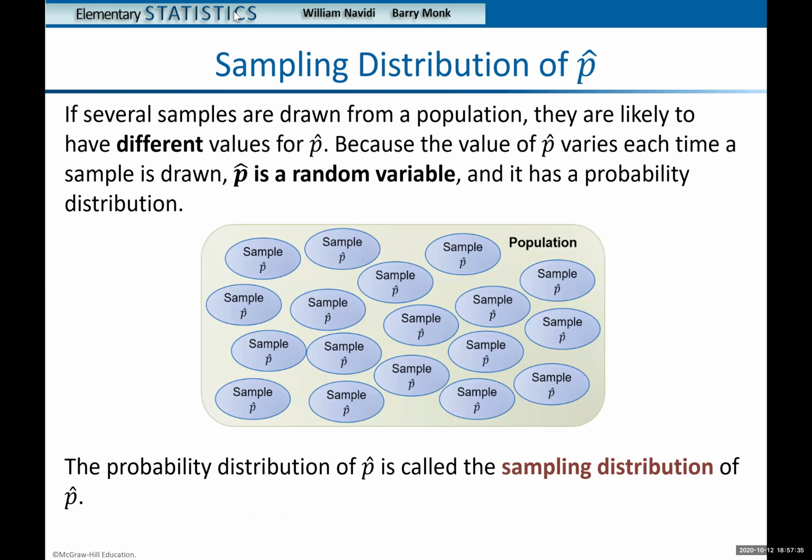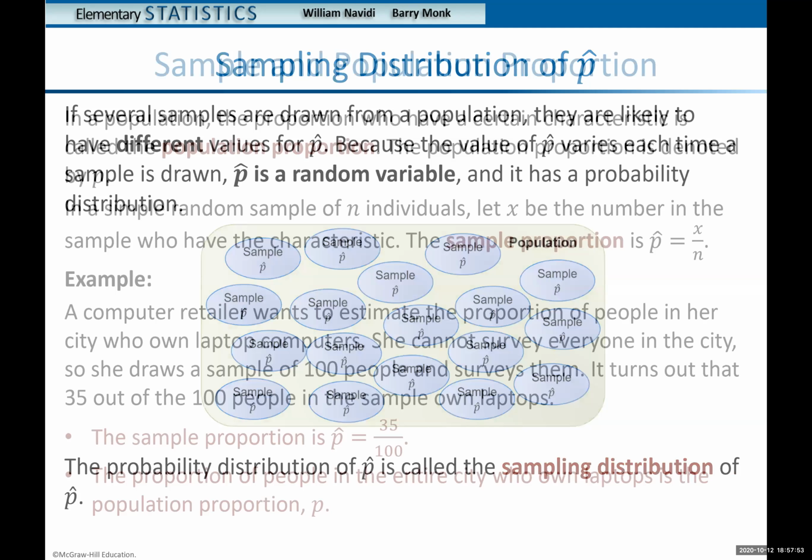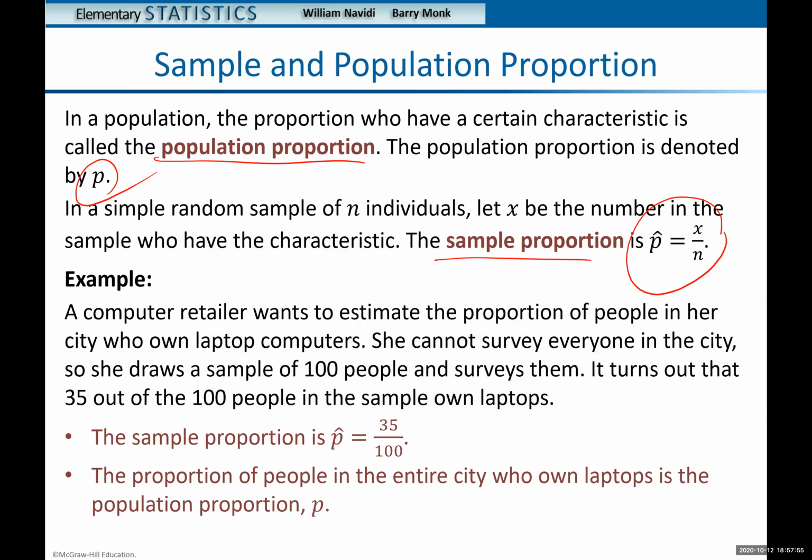Just like the idea about a sampling distribution of the means, it is the same thing for proportions. So let's say, out of a big population, you get a sample, and you will be able to get a sample proportion, just like what we did here. You have a sample of 100 and 35 out of 100, so you got that sample proportion.